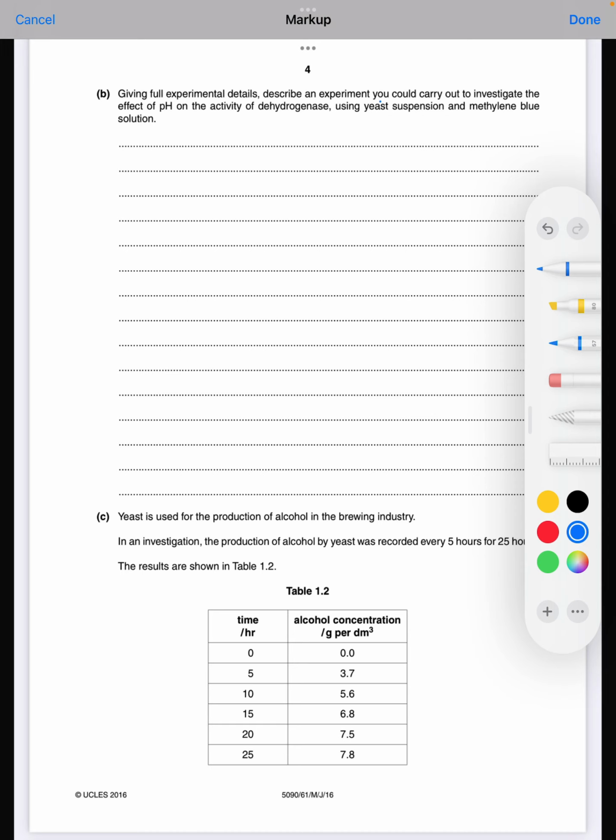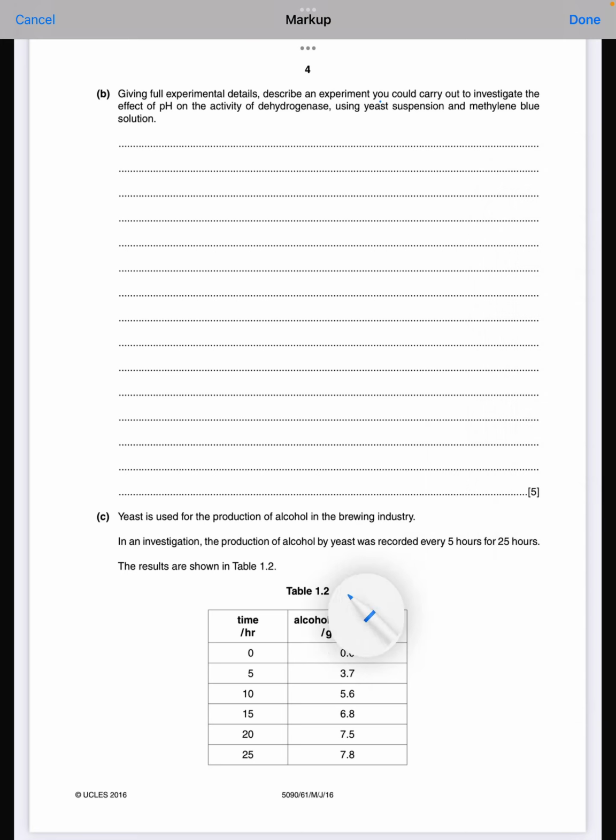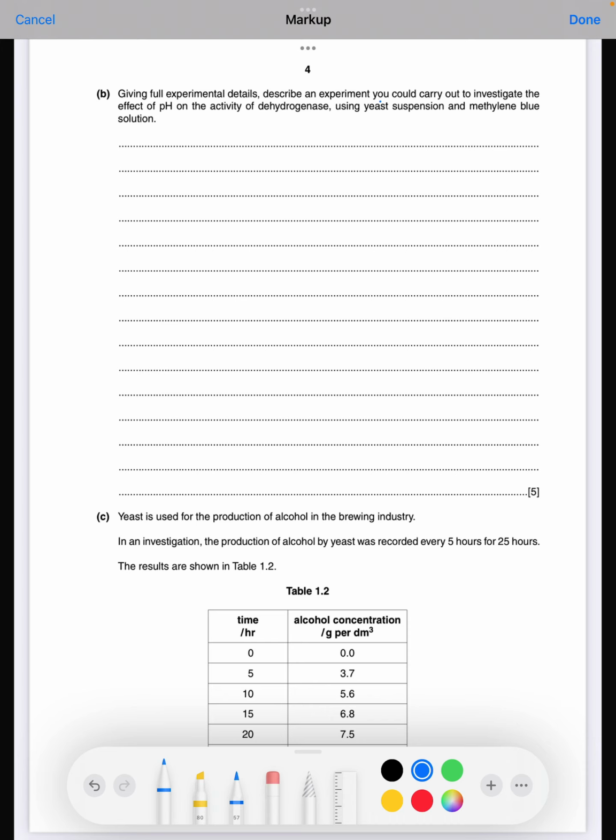Okay, using yeast suspensions and methylene blue solutions. So in the previous question, you saw that the student was trying to investigate the effect of temperature. And now we have to do basically the same experiment, but with pH. We have to see the effect of pH on the activity of dehydrogenase.